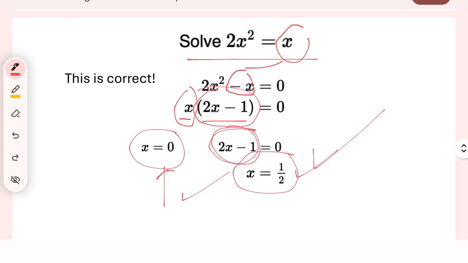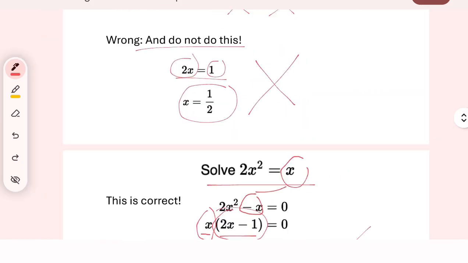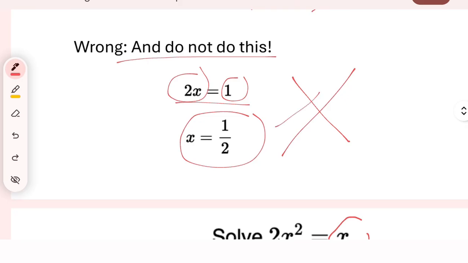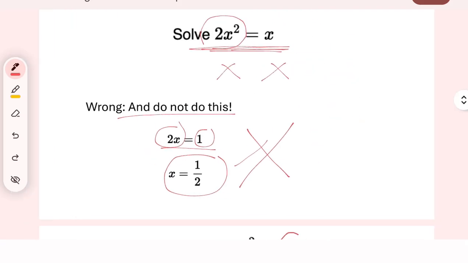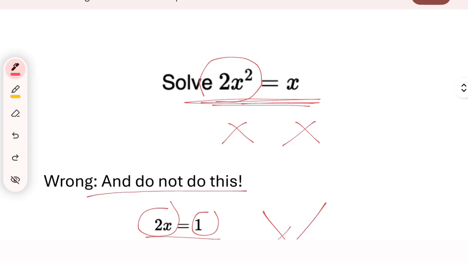Although you did get 1/2 here, the process is just wrong. Remember, it is x squared, so we expect to have two values of x. Since the highest power is 2, we expect two answers for x.